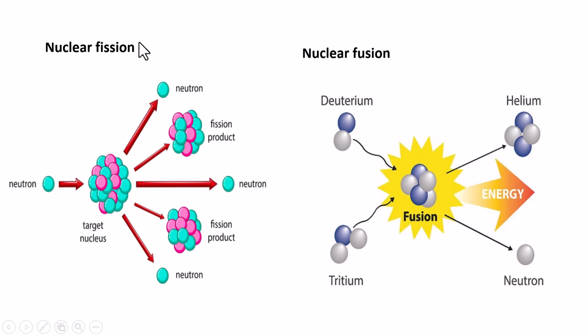It is split into two lighter nuclei, also producing a number of neutrons and a large amount of energy. In the case of nuclear fusion, you can see lighter nuclei like deuterium and tritium combine to form a heavier nucleus, helium, also releasing energy.